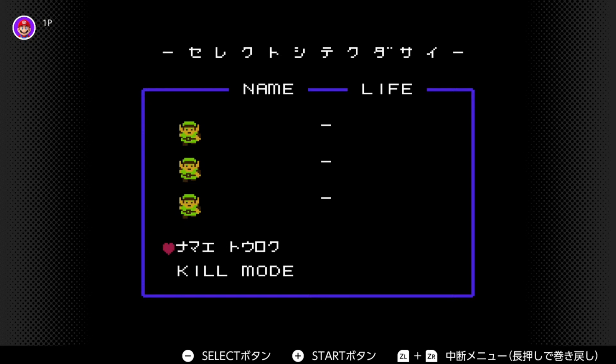We can see at the top the message in katakana. As we'll see, or at least based on the little I've tested it, the in-game writings are all in katakana.